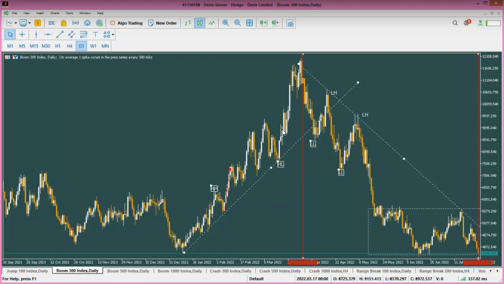But the most important question is how to identify the beginning of the impulsive move to enter the market at the right time with professional traders. How do we know that now this is the beginning of an impulsive move, or now this is the beginning of a retracement move? How do we do that?